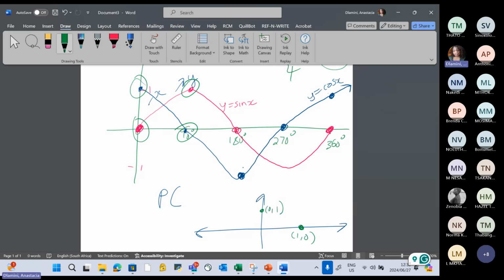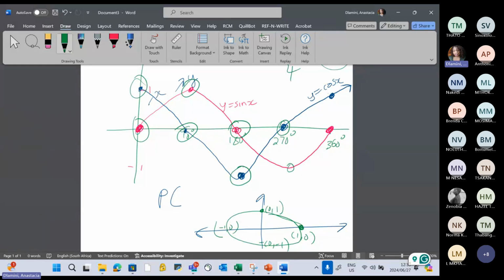This is -1 and 0. This is 0 and -1. Do you see the relationship? This is the relationship towards the unit circle.